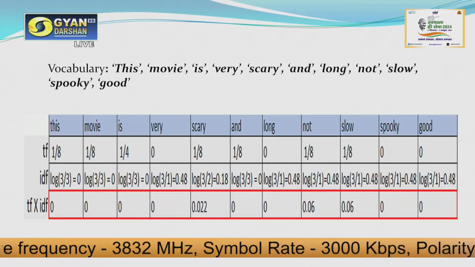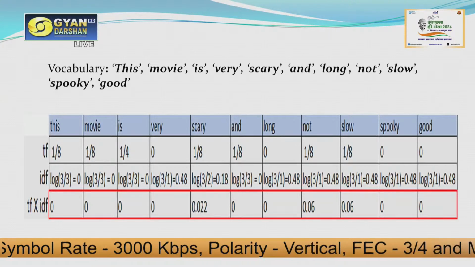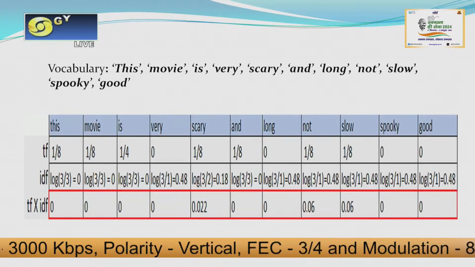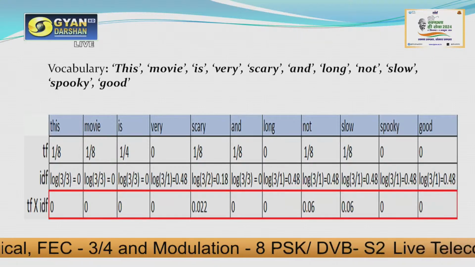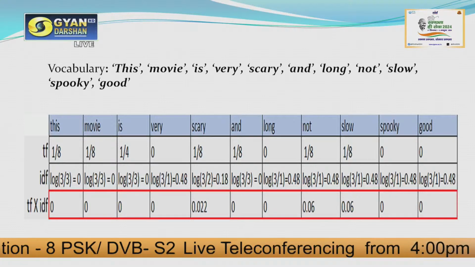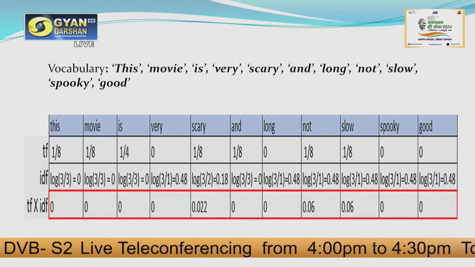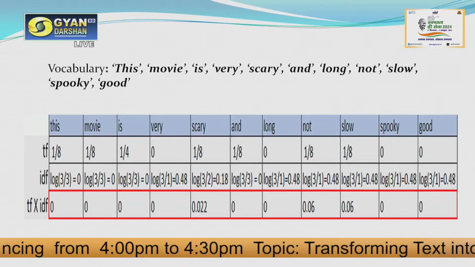You can see here the TF into IDF is 0. Movie is also 0. Likewise we had calculated the TF into the IDF, and the scores you can see: scary is having 0.022, not is having 0.06, and slow is having 0.06. Otherwise the other things are coming into the sparse matrix.